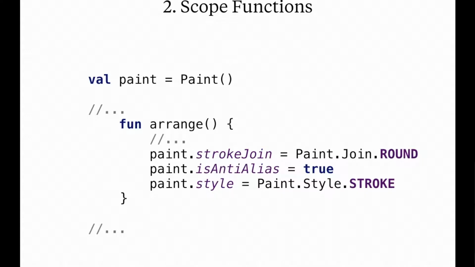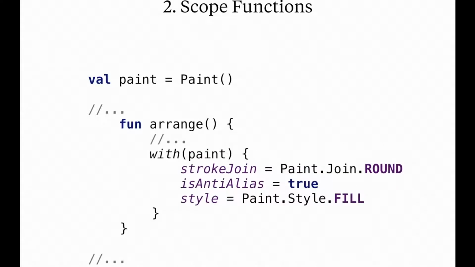It ends up looking like this, where you pass in the paint and then you don't need to continually refer to it to mutate it. I agree that the effect here is pretty subtle, but it's all in the reading, because you're kind of saying, I'm going to focus all of my attention on this object right here. With this paint, I'm going to do something specific.